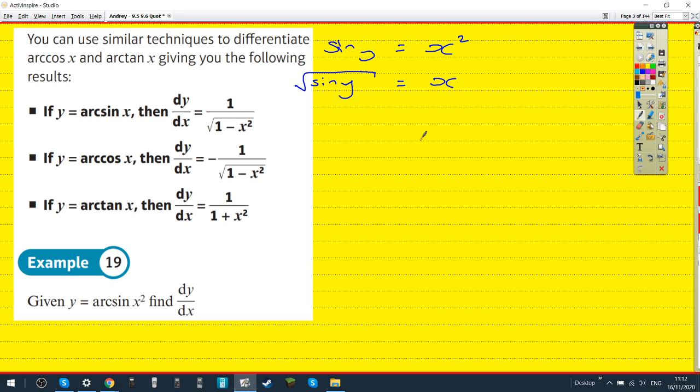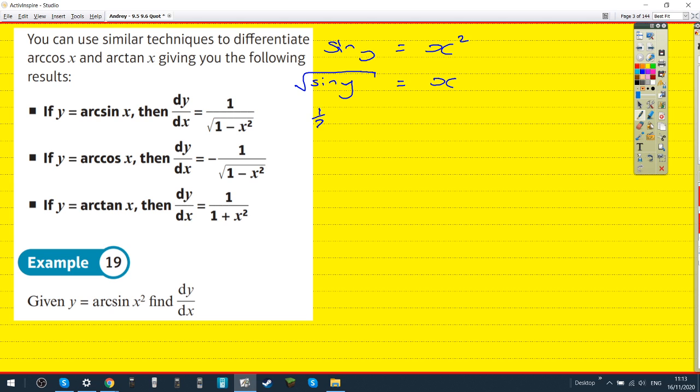Do I then need to differentiate both sides? So square root of sine y, is that going to be the same as sine y to the half? Yeah. And so will that be like half cos y? Let's see, that's to the half.